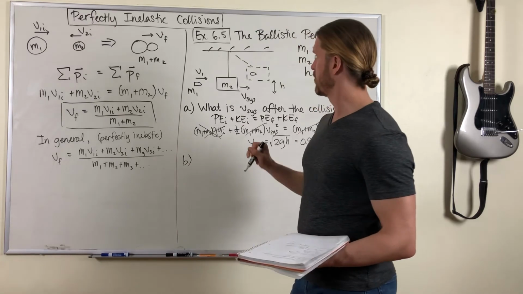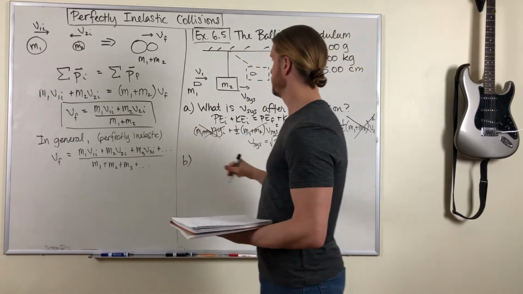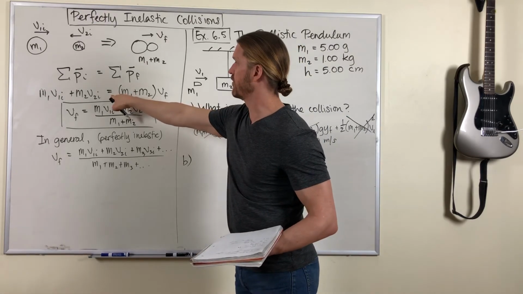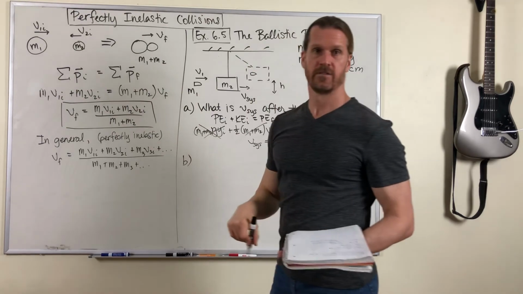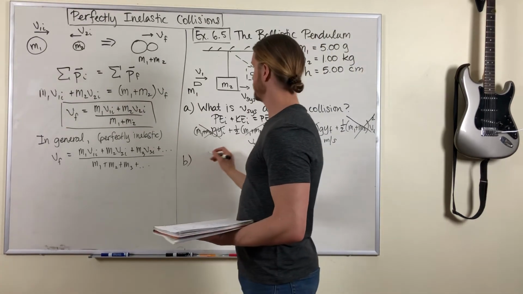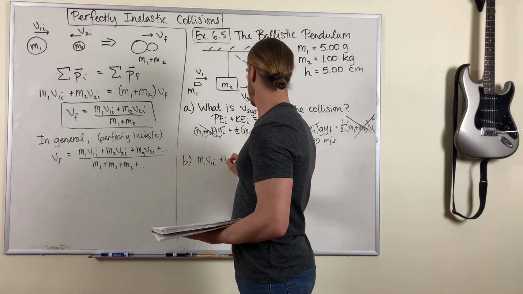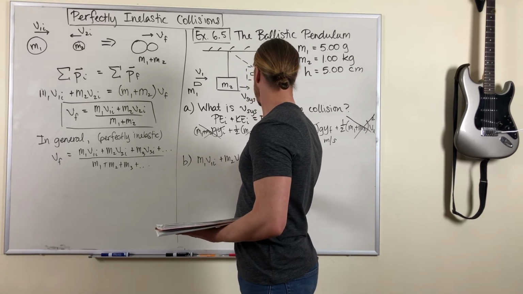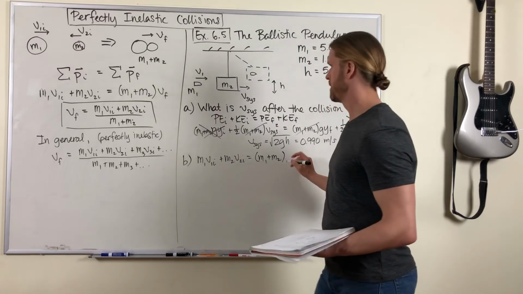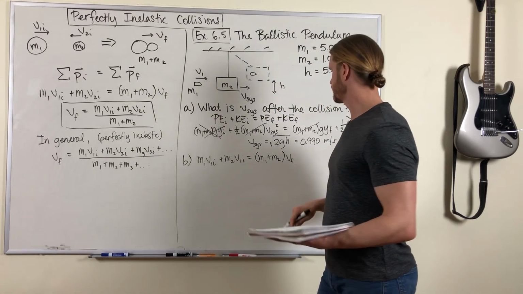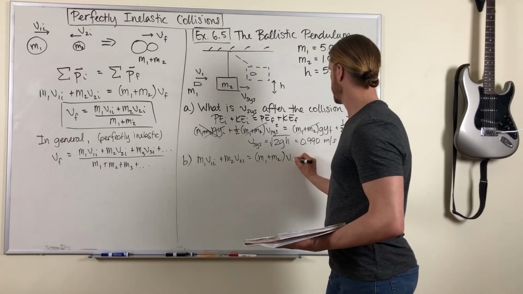And now in part B, we want to figure out what V1 was after all. So I'll just back up and go to this previous line of the equation, because that'll be more useful for us to solve things. M1 V1 initial plus M2 V2 initial equals M1 plus M2 times V, I guess we're calling it V system.